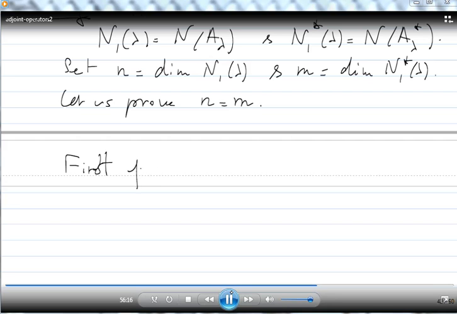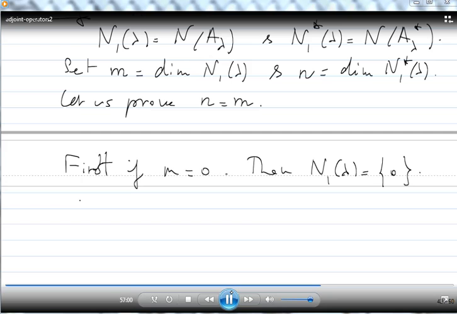First, if one of them is equal to 0. In my notes I called, so I don't want to make mistakes down the road, let's call this one m and this one n. First assume m is equal to 0, then the null space N1 of lambda is reduced to 0.